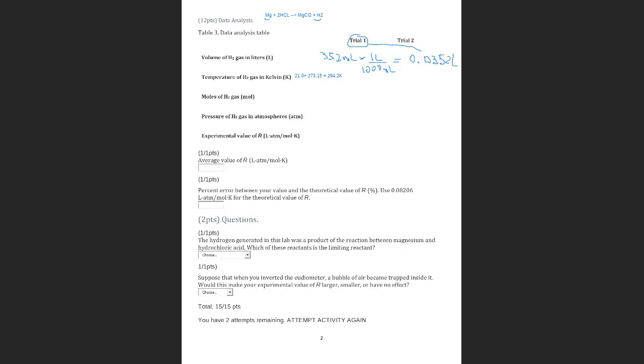And how do I calculate the number of moles of magnesium? What do you need to use? You need to use the mass.